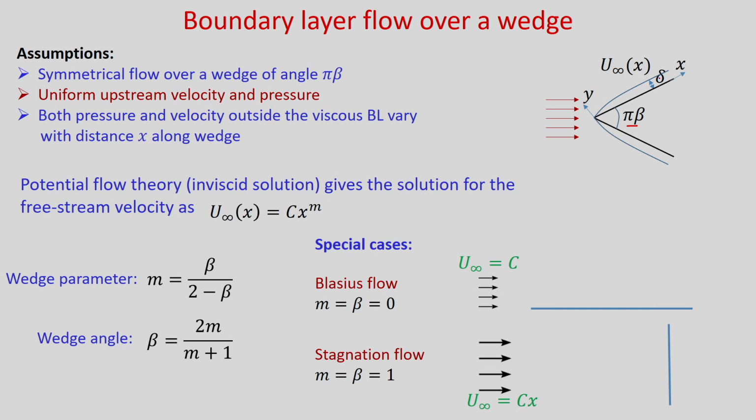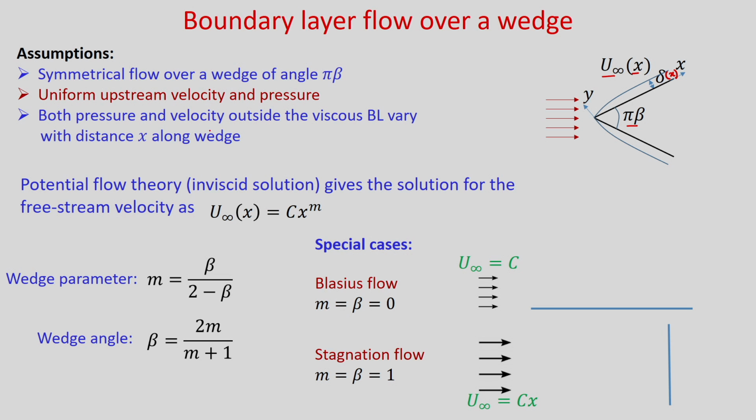So, this boundary layer thickness delta is a function of x. If you consider the velocity outside this boundary layer, we will have u infinity which is no longer constant, it is a function of the axial direction x.